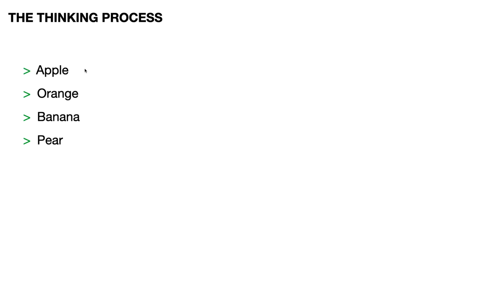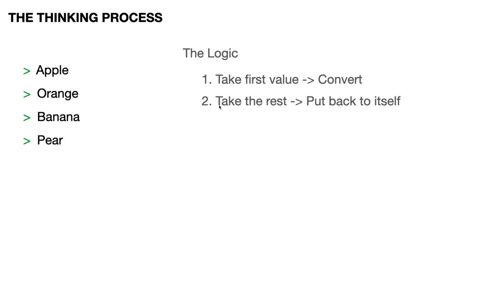Now, the logic that I just displayed to you has a few parts to it. So let's talk about the logic. There's a few things that we need to do within that calculation formula. And number one is that we need to take the first value and then convert it. So taking out the first value and then adding the arrow to it. The second part is we want to take out the rest and then put it back into the custom function itself.